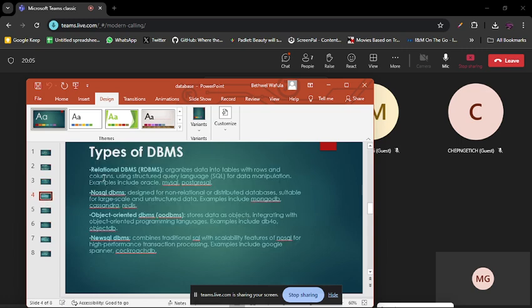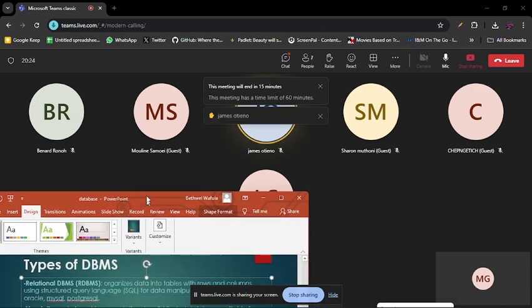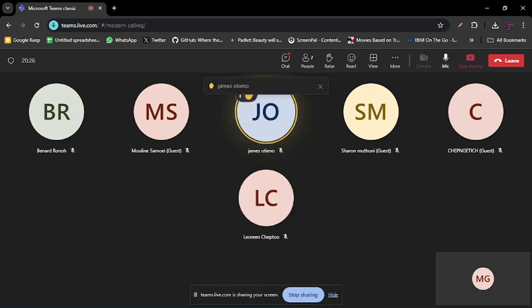Next, we look at the types of DBMS. We have four of them. Who can tell me the types of DBMS? James?